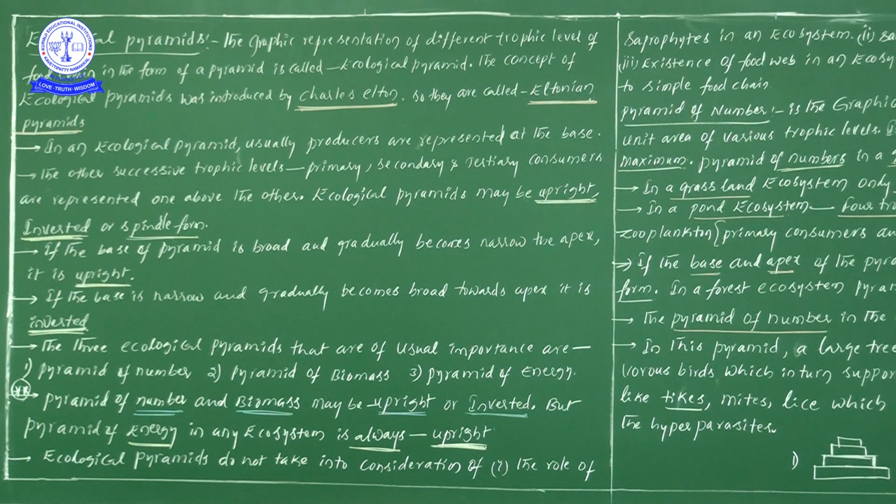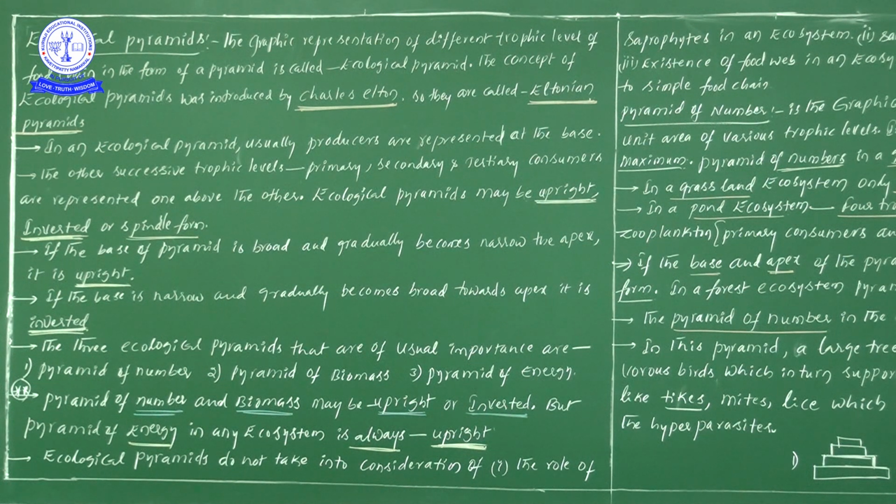In an ecological pyramid, usually producers are represented at the base. This point is important. In any ecological pyramid, producers are present at the base, and the other successive trophic levels are occupied by primary consumers, secondary consumers and tertiary consumers.